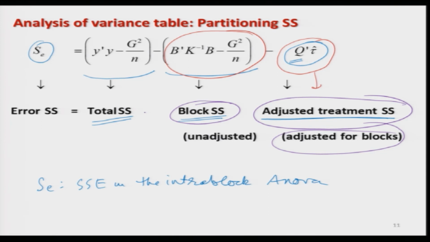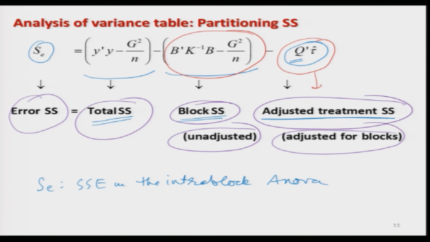So, that is why this block sum of square is termed the unadjusted block sum of squares. Now, there is no change in the case of TSS, that is the total sum of squares, and error sum of square, they also remain the same, means they are once again obtained exactly in the same way.